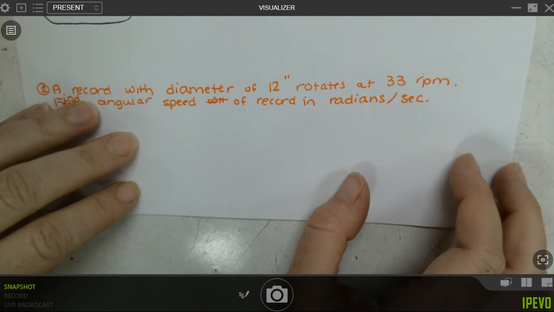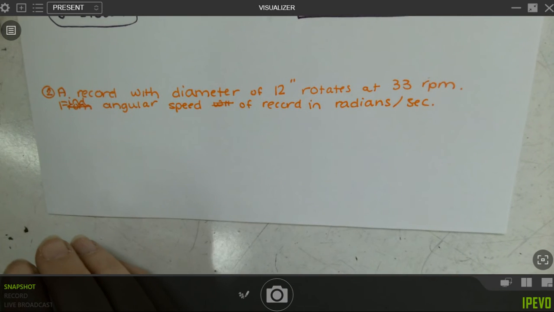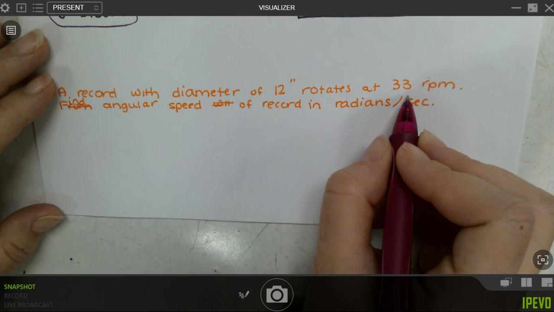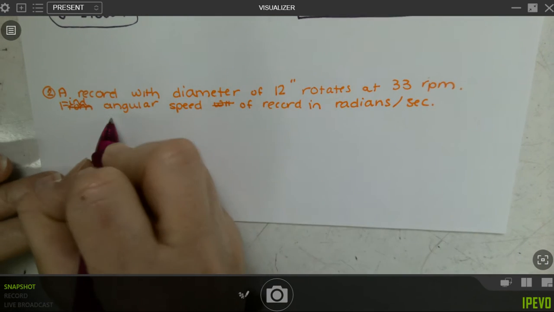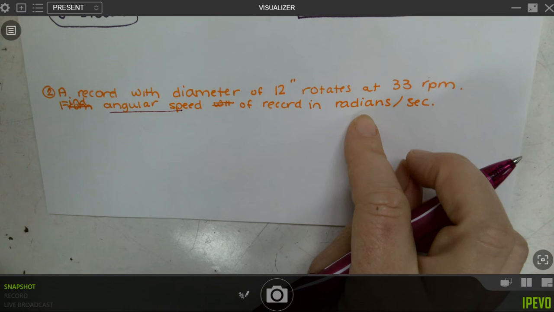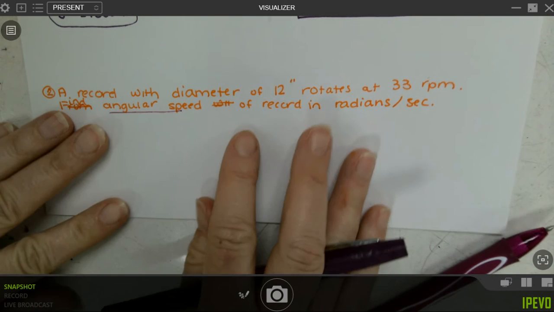All right, we have a record with a diameter of 12 inches rotating at 33 rotations per minute. What we want to find is the angular speed in radians per second. And it would help if I actually gave you that formula.